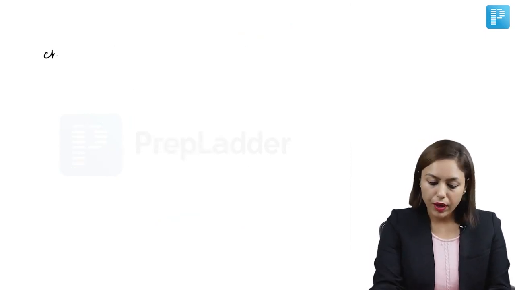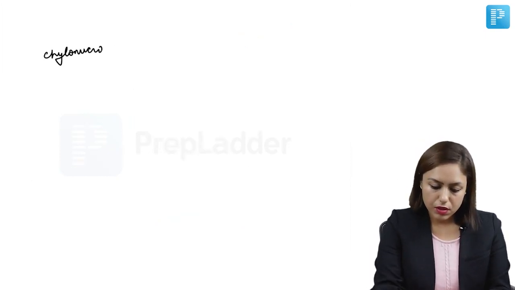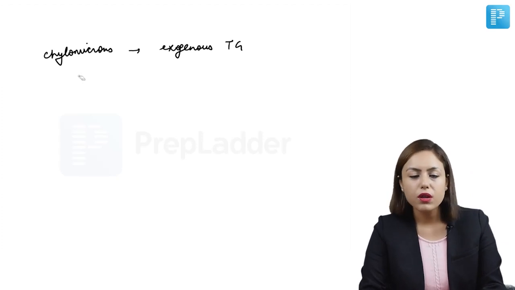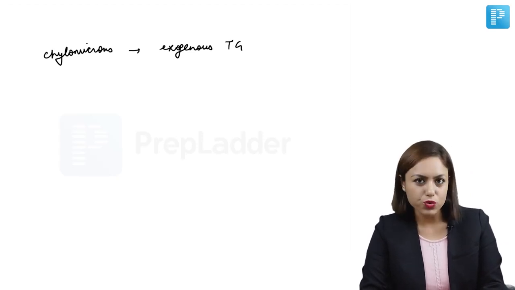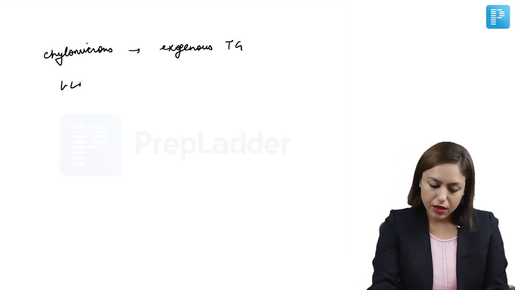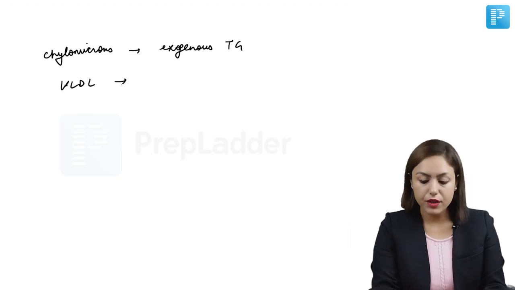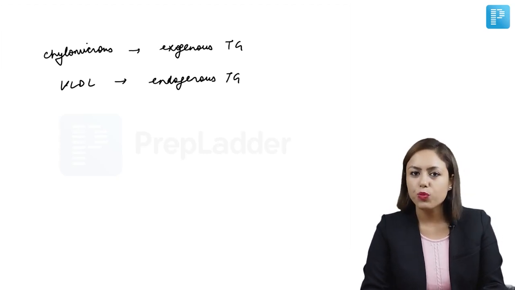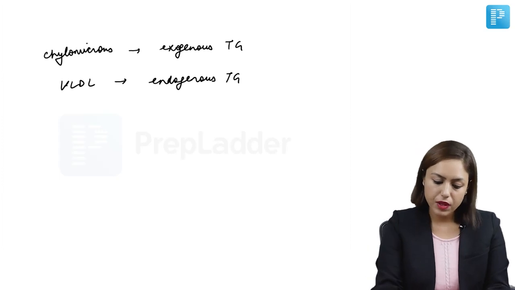So chylomicrons, they transport exogenous triglycerides from where to where? From intestine to peripheral tissues, right? Then VLDL transports endogenous triglycerides from liver to peripheral tissues, right?